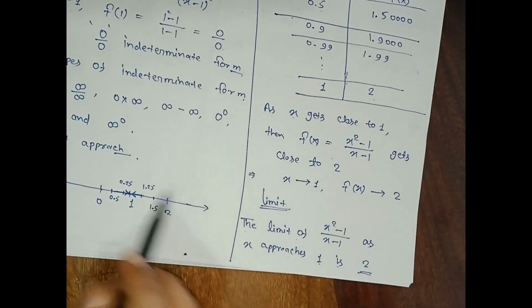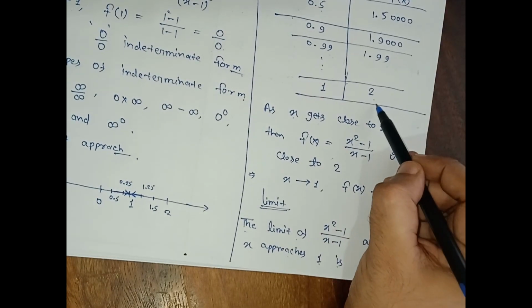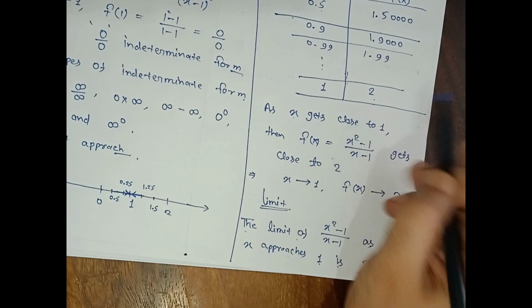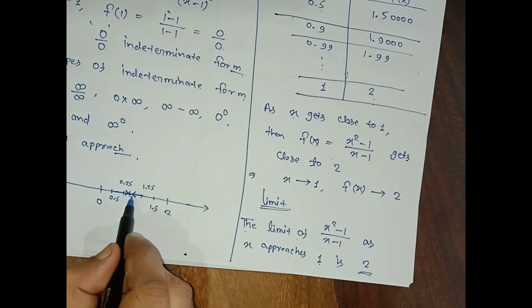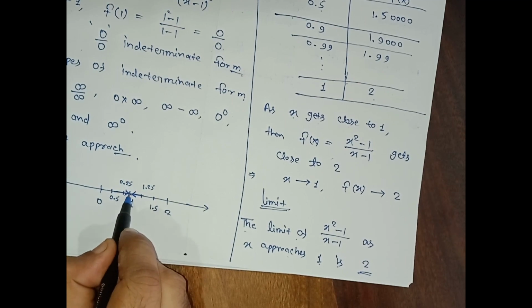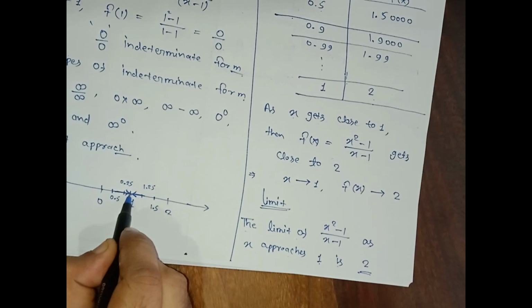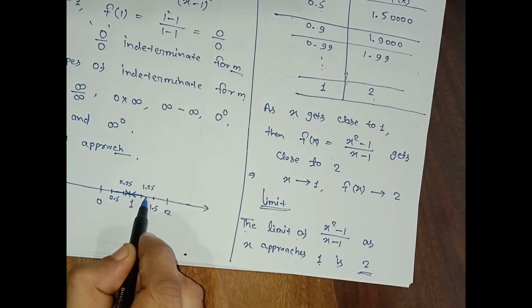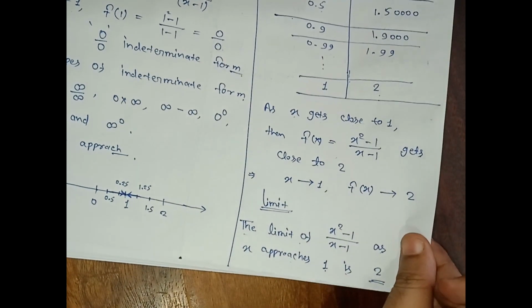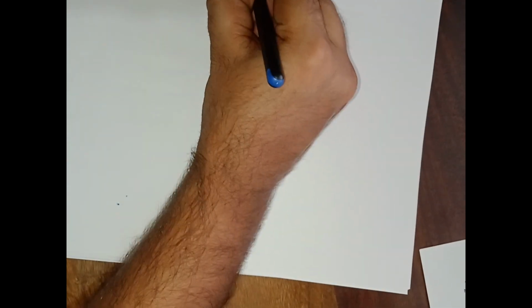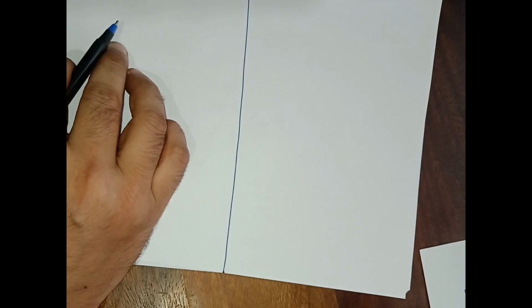Okay, in this table we went from left to 1. Now in the next table, we are going to go from right to 1. Let's make another table.